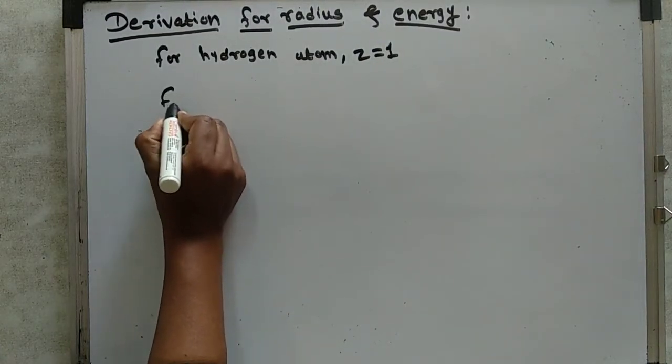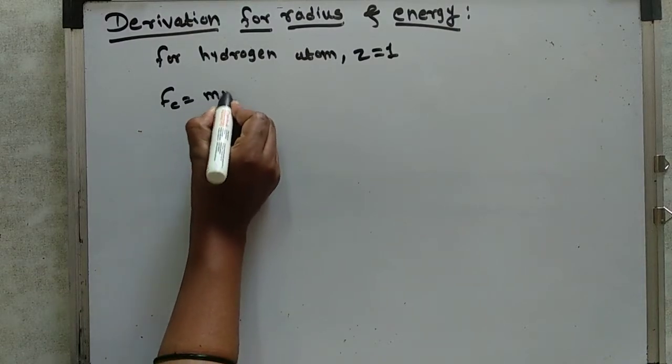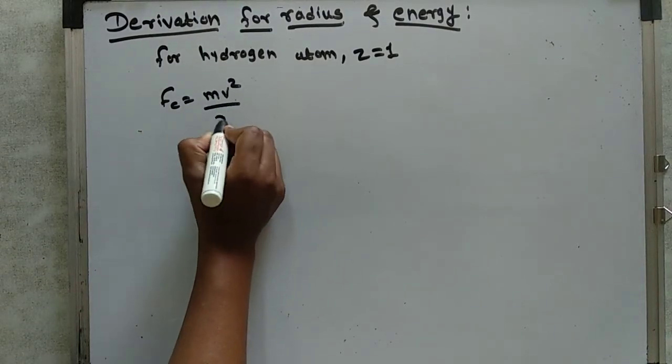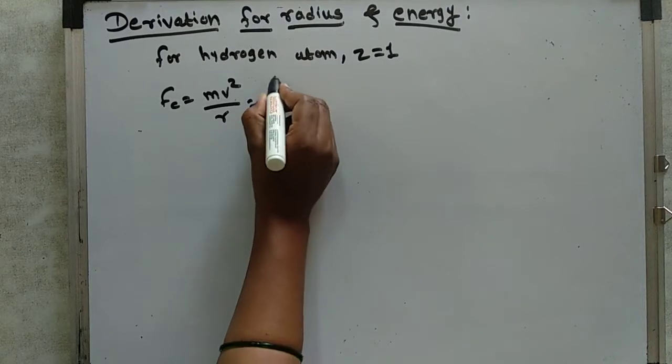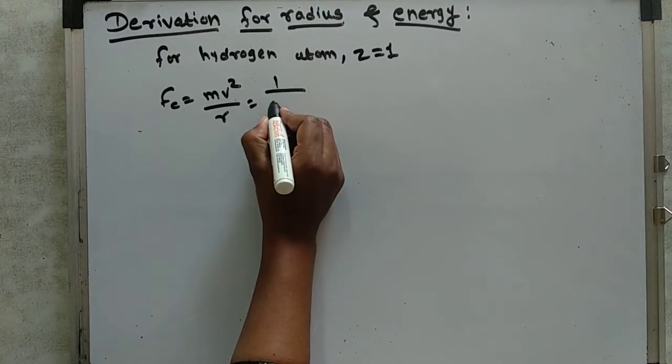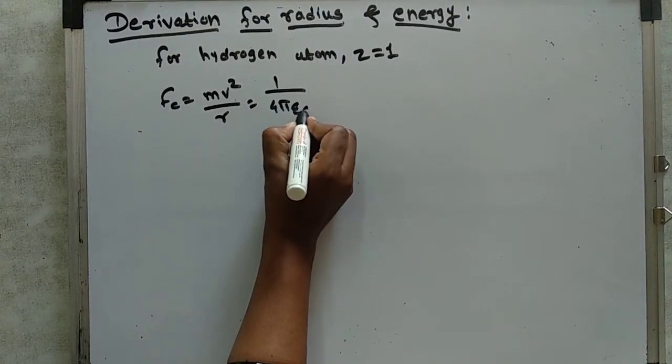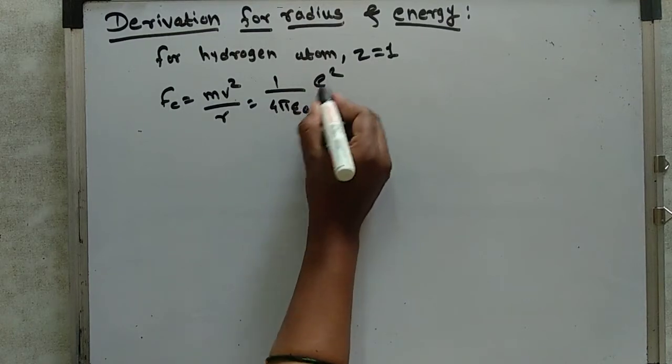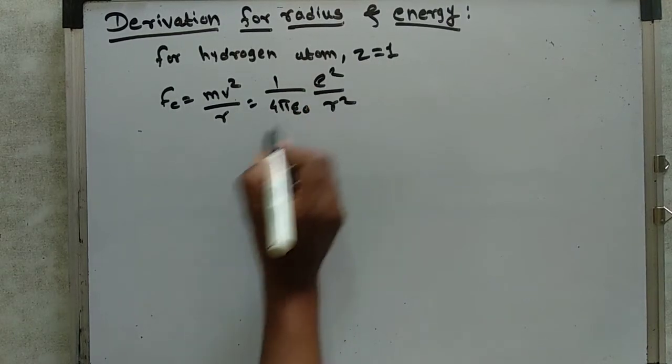Fc is equal to mv square upon r, which is equal to 1 upon 4 pi epsilon naught e square upon r square.